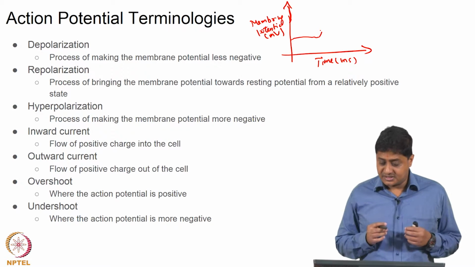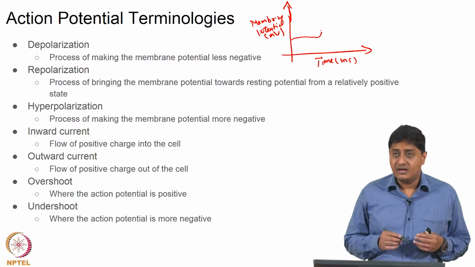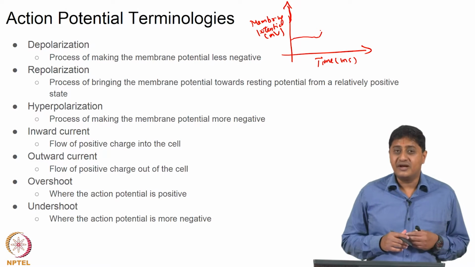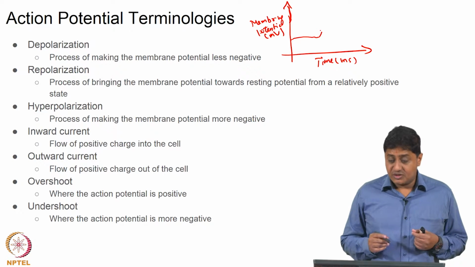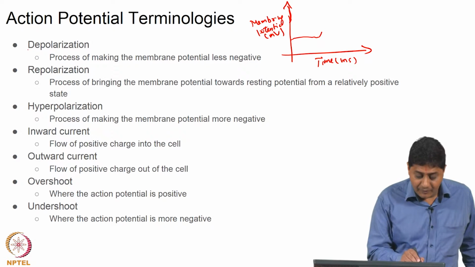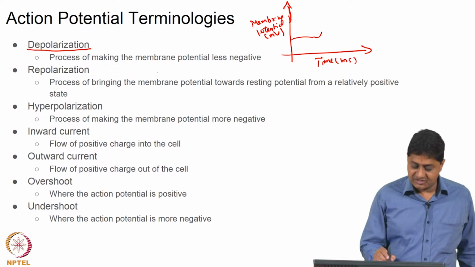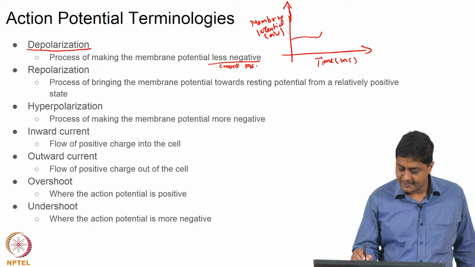Note that at rest the membrane is already having a negative potential, of approximately minus 55 millivolts or minus 65 millivolts. So, if you make it slightly more positive, you are basically depolarizing the membrane. This is the process of making the membrane potential less negative or more positive.